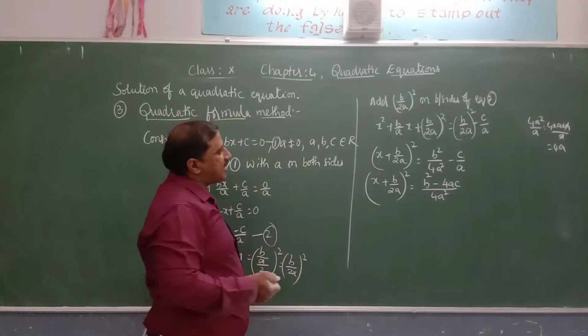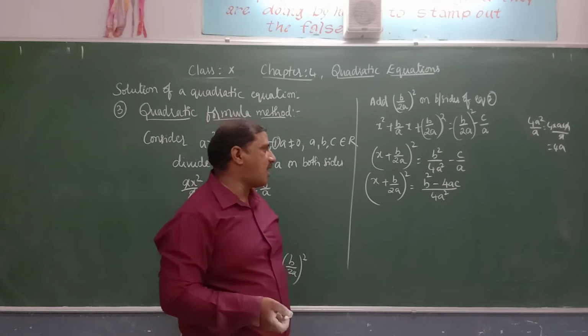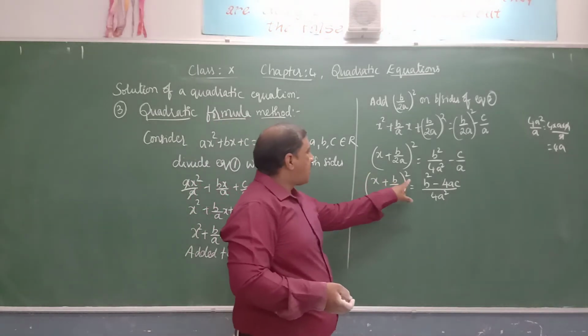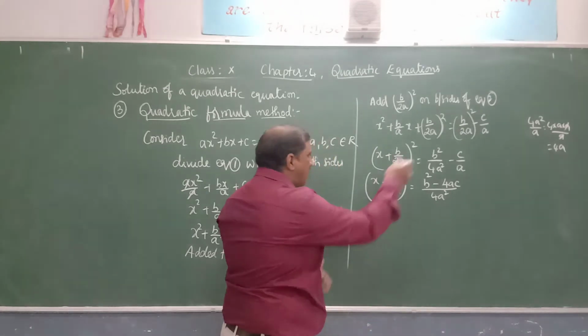Now x plus b by 2a whole square is equal to b squared minus 4ac divided by 4a square. Transpose the square to the RHS, we get the square root and we get two values.